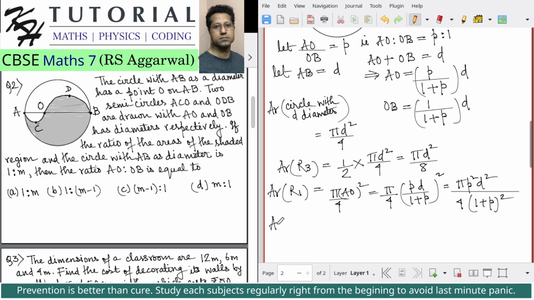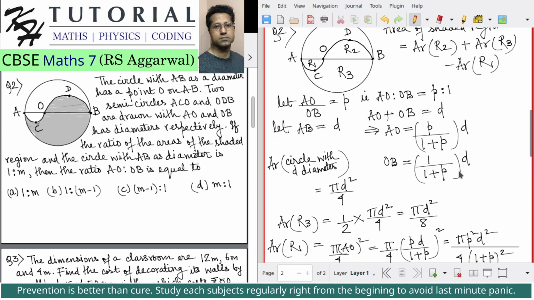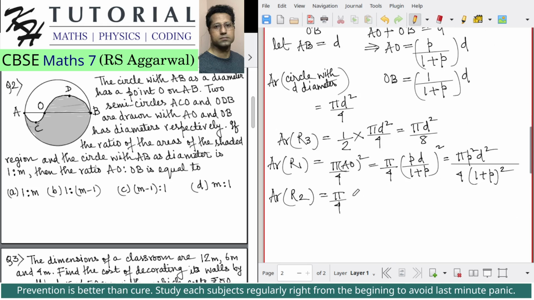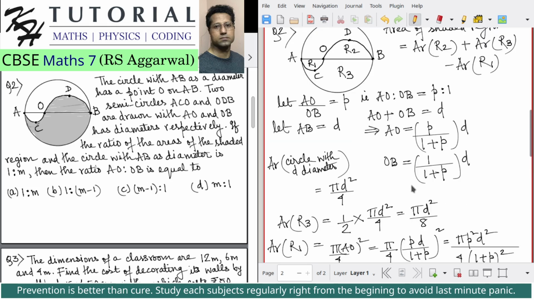Similarly, what will be the area of the semicircle R2? R2 is a semicircle with OB as diameter.